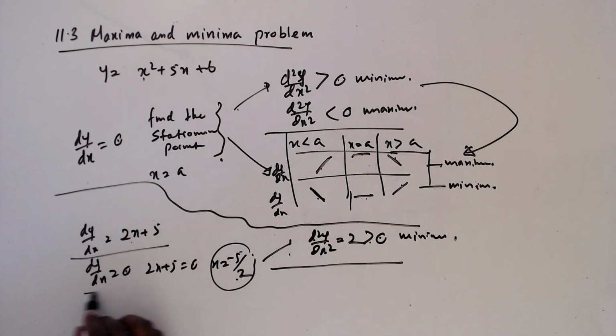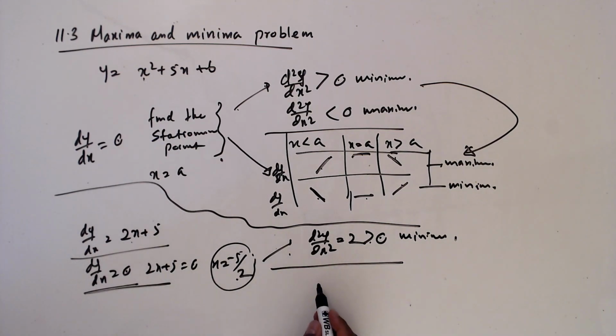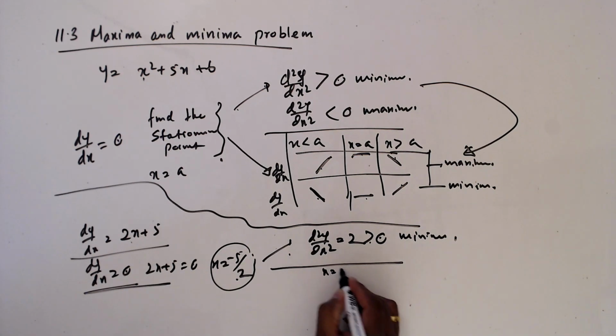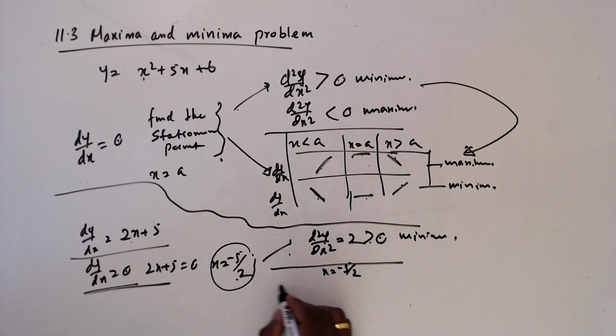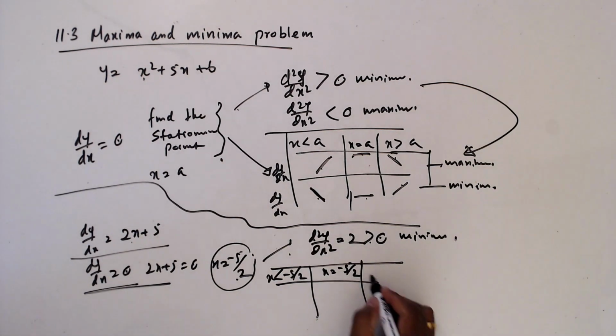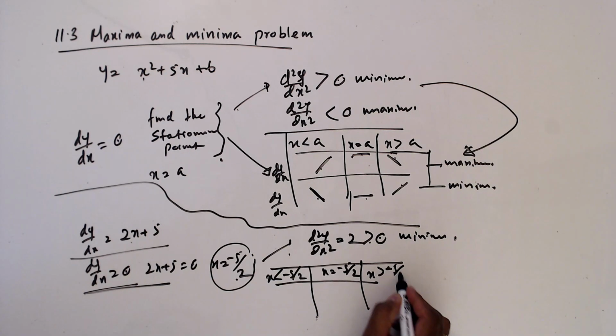So we found x equals minus 5 by 2 is a minimum. Or if you want to check the gradient, we take x equals minus 5 by 2, x less than minus 5 by 2 and x greater than minus 5 by 2.